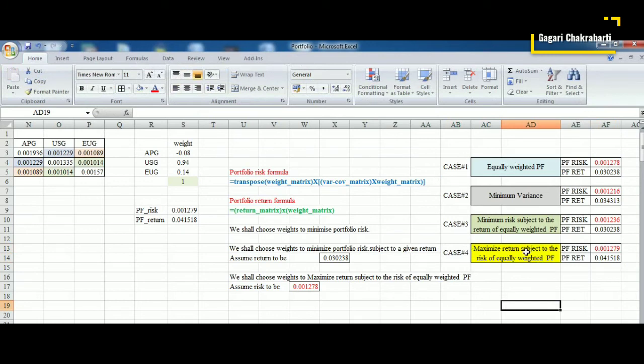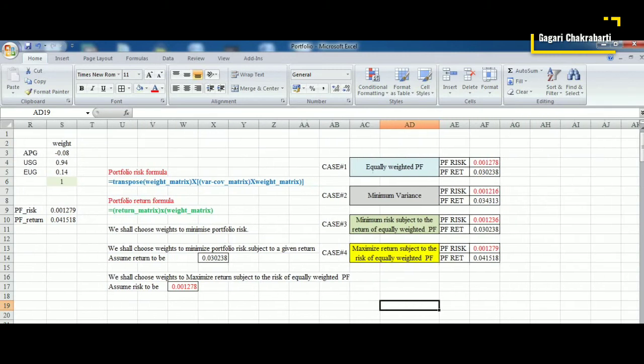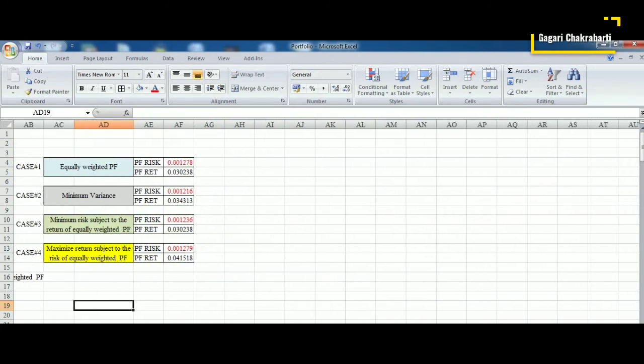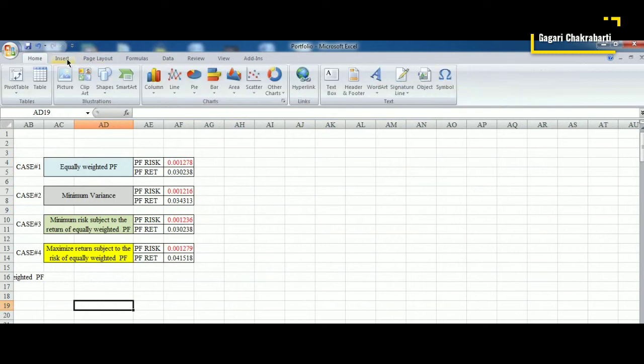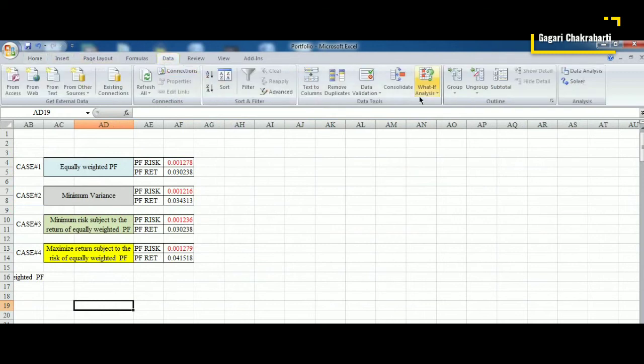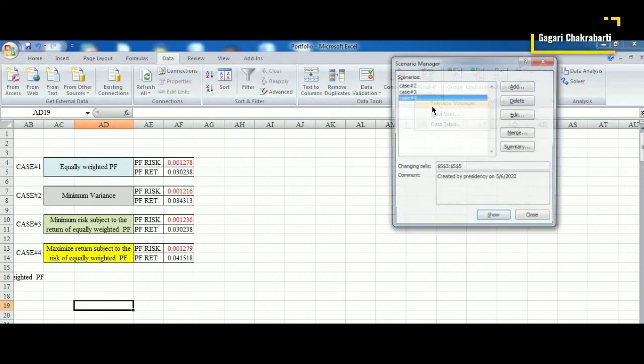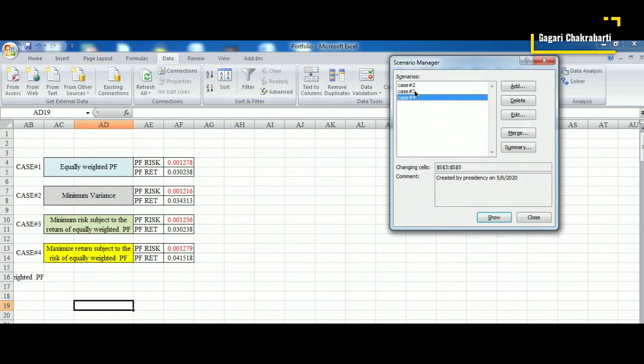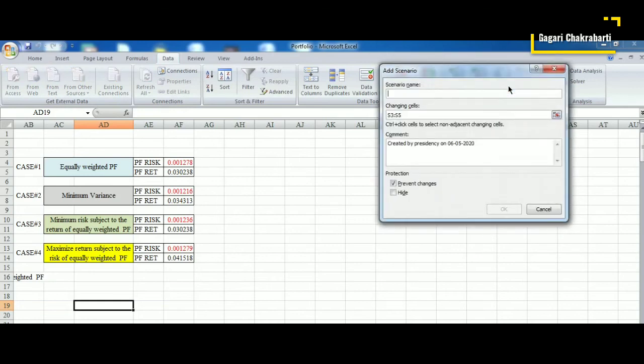We can go for a scenario summary then, in order to have all these cases in one particular table. So in the scenario manager we have 3 cases then, 2, 3 and 4. Now we shall be adding the first one, which is the case for the equally weighted portfolio.